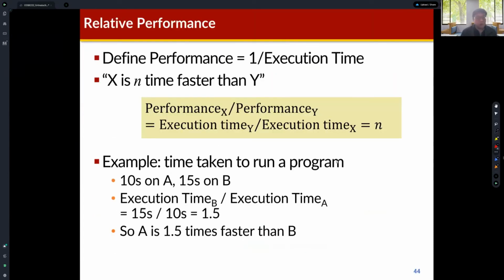I will define the performance of a processor or a computer system. The definition is important because it's just a definition. You need to memorize the exact meaning of a definition, right? It's just a definition. We cannot explain it. So what is the definition of performance?